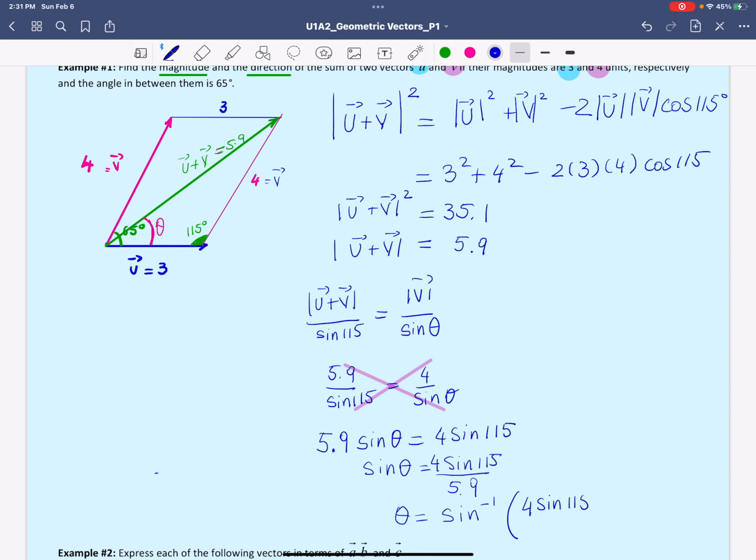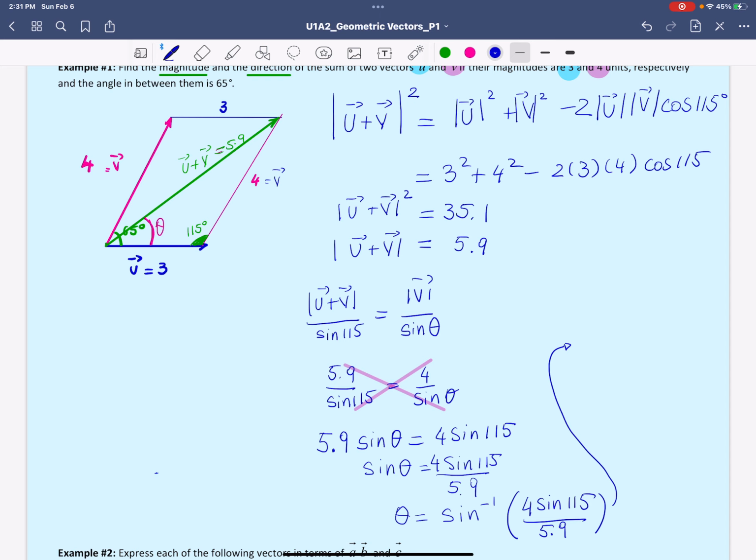I'm only writing this for the purpose of explaining, but it's not a must show step, just in case you're wondering. And what I'm getting in here is 4 sine of 115 divided by 5.9. So I got a certain number, 0.6144.